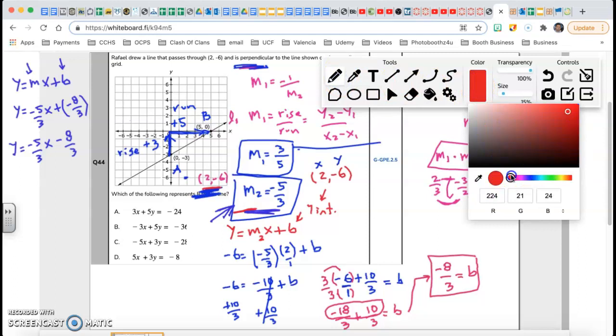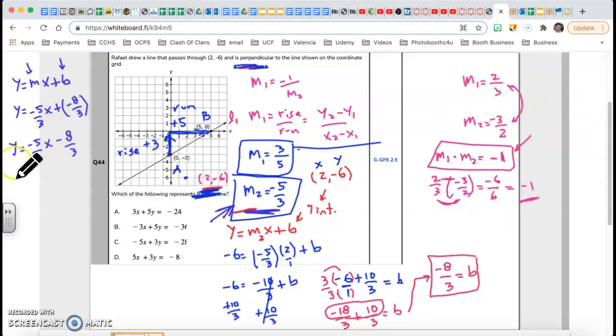So the way to get rid of a fraction is I gotta multiply everything by my denominator. My denominator is 3, so I'm gonna multiply times 3.